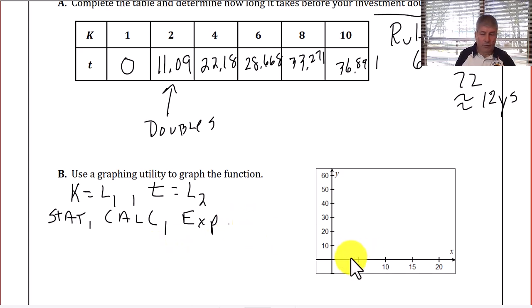So what that looks like on your scatter plot, we have K is 1, y is 0, K is 2, we get 11.09, K is 4, we get 22, and so forth. So I've got a scatter plot that looks something like this, and I can get some sort of exponential function that will look like that.